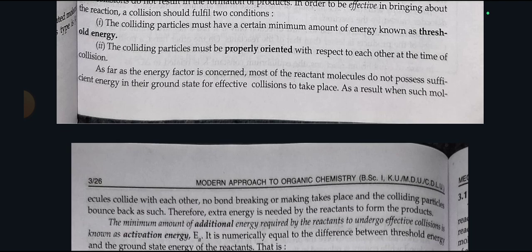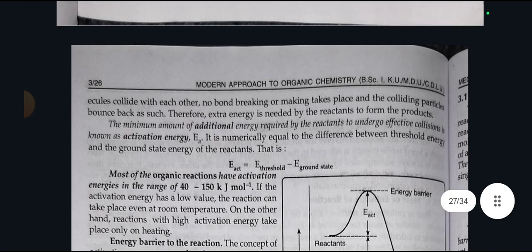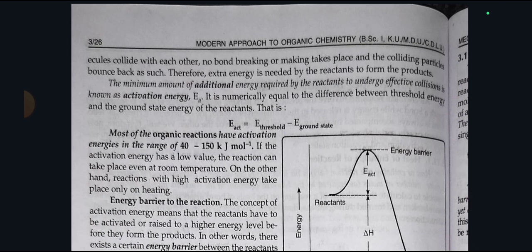As far as the energy factor is concerned, most of the reactant molecules do not possess sufficient energy in their ground state for effective collisions to take place. As a result, when such molecules collide with each other, no bond breaking or making takes place and the colliding particles bounce back as such. Therefore, extra energy is needed by the reactants to form the product.